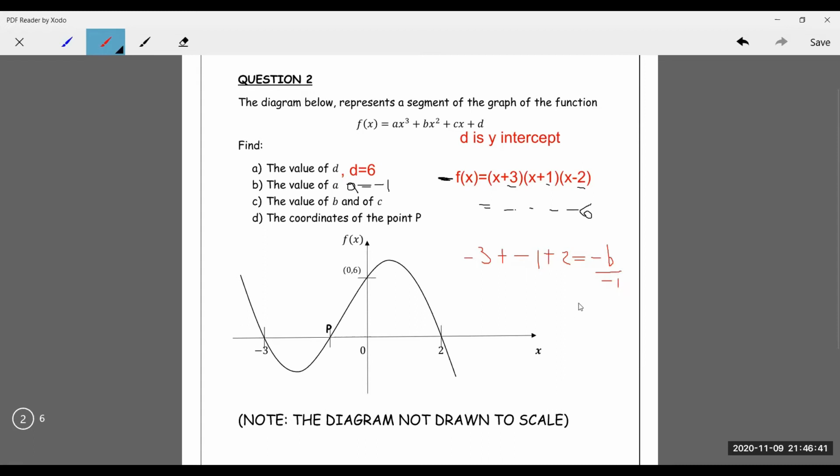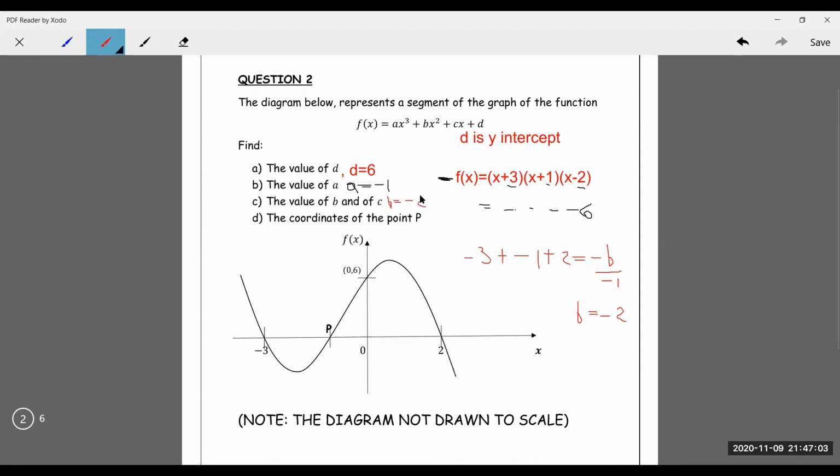And so B is equal to the sum of all of the roots: -3 plus -1 is -4, plus 2, that's -2. So B is equal to -2. That's the value for B. B is -2.